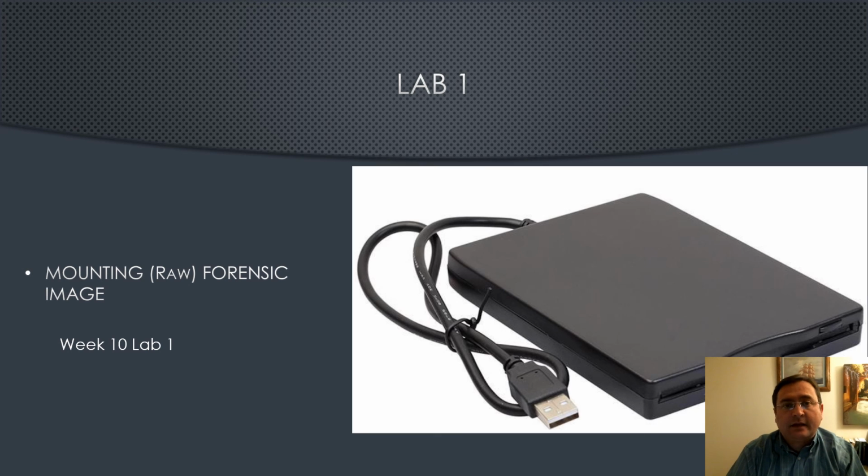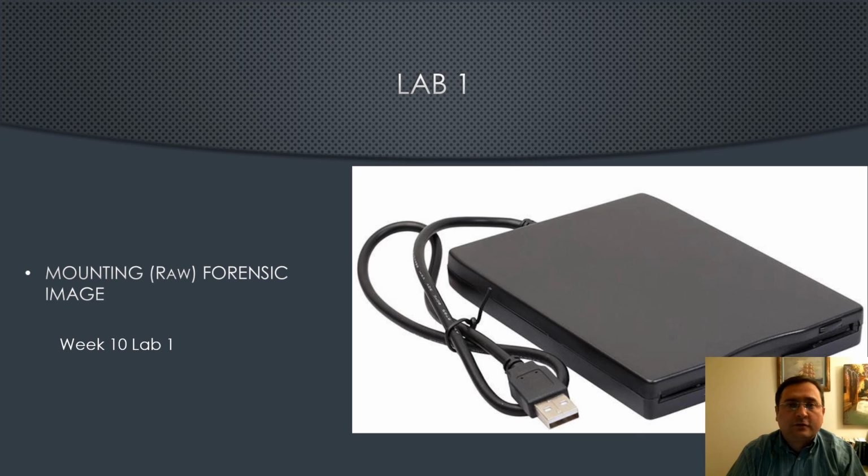In this exercise, we're going to mount a raw forensic image of a floppy disk, which is a raw image with the extension DD, and you'll see the contents of the floppy drive.